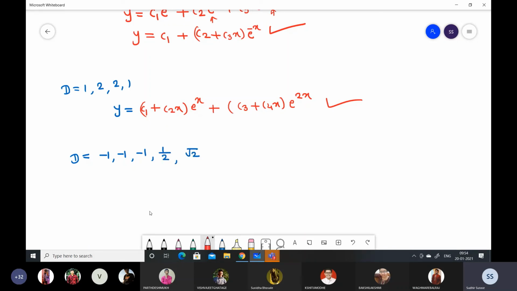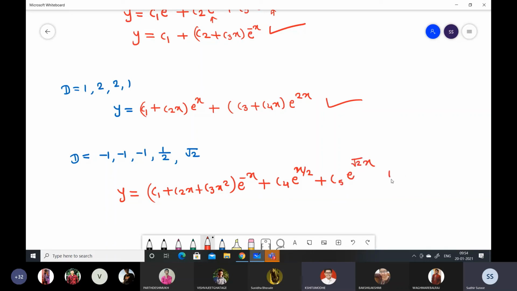Suppose this is the case, then y is equal to (C1 plus C2x plus C3x square) whole inside bracket e raised to minus x plus C4 e raised to x by 2, or 1 by 2 times x, okay. And C5 e raised to power root 2x. Very good. Now you clearly understand first two cases.